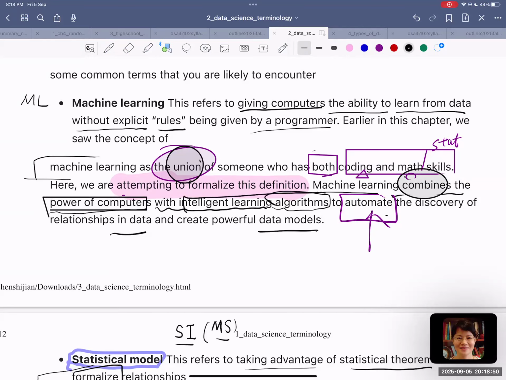Intelligent learning algorithms. So this is how we automate. Finally, it can speed things up, automating the discovery of relationships in data and creating powerful data models. So this is some explanation.